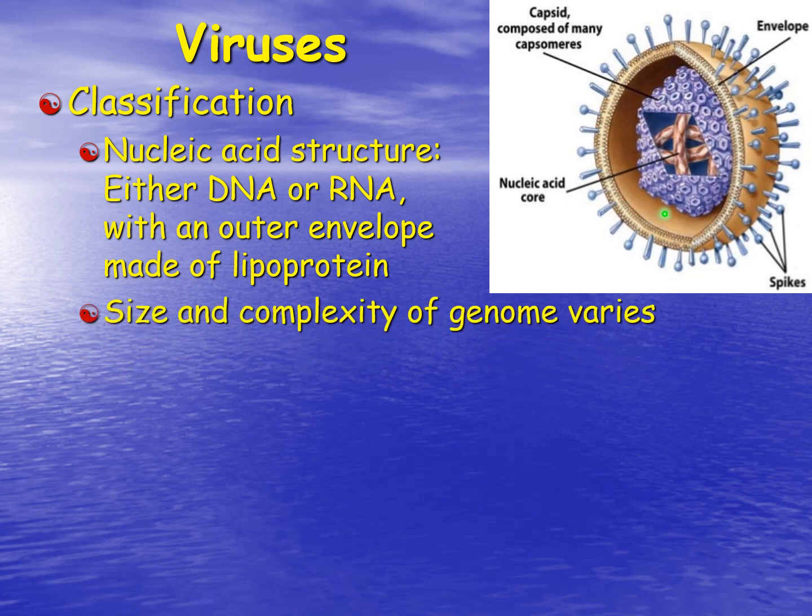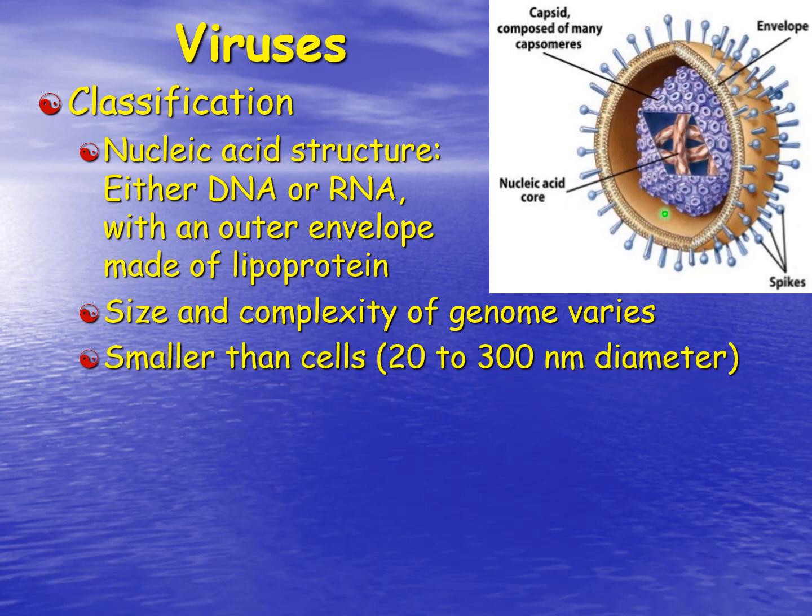The size and complexity of viral genomes vary. Typically, viral genomes are much smaller than bacterial ones. Viruses are typically smaller than most other organisms, somewhere between 20 and about 300 nanometers in diameter or length. The largest virus is actually Ebola, which is about 970 nanometers, or almost 1 micron, in length.